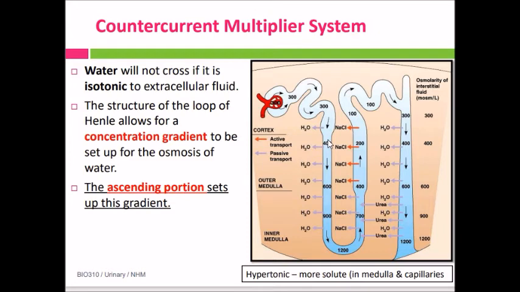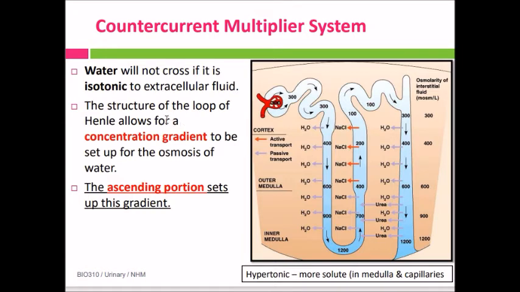What it means by isotonic is that the concentration of the solutes inside is similar to the concentration of the solutes of the extracellular fluid. So this is referred to as the osmosis process.